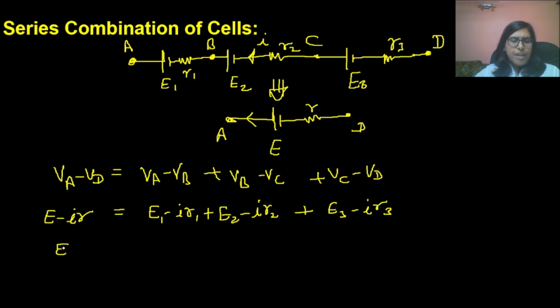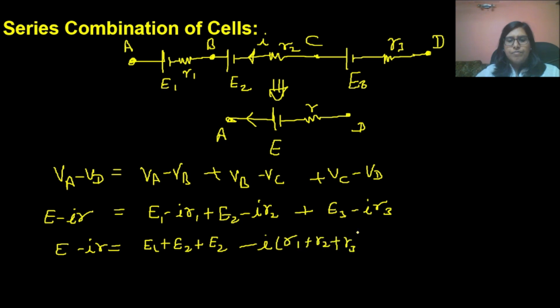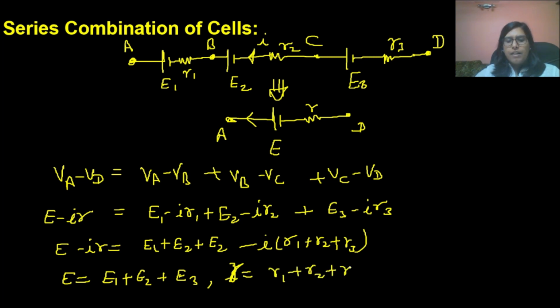So if we compare these equations, then we will find E equals E1 plus E2 plus E3, and the equivalent R will be R1 plus R2 plus R3.